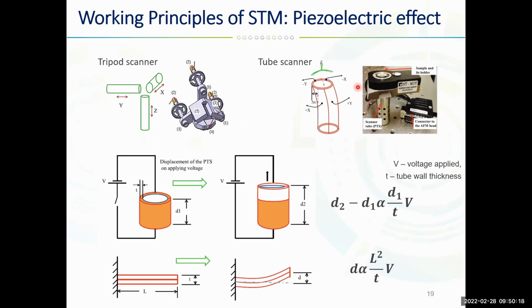Nowadays, the tube scanner is the most used piezoelectric element. How it works: it is basically a tube with a certain thickness, and when we apply voltage, this thickness deforms the tube.